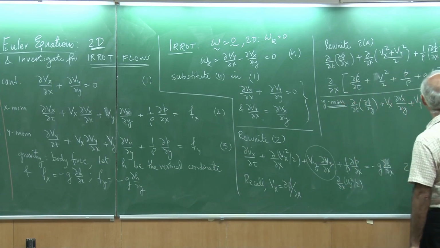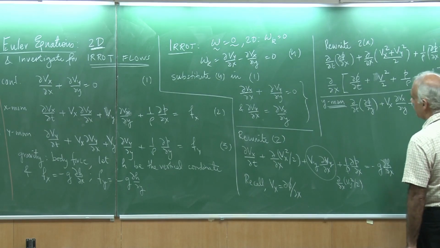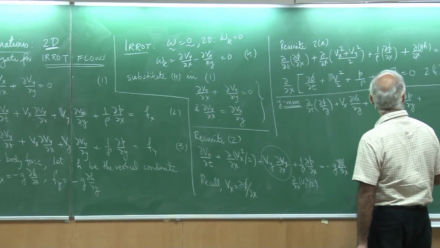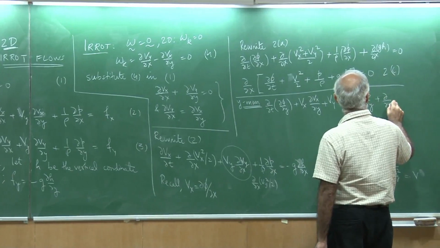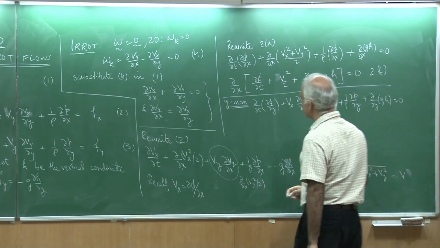Then I have the pressure gradient term plus 1 over rho del p by del y, and finally I will write the Fy term as simply del by del y of gh. This is 0.